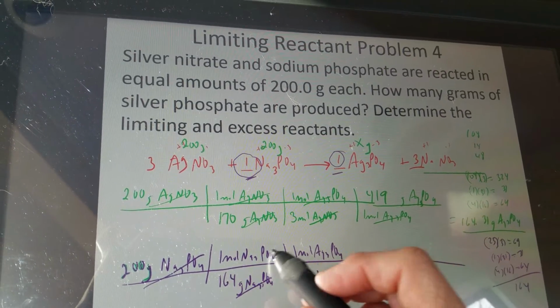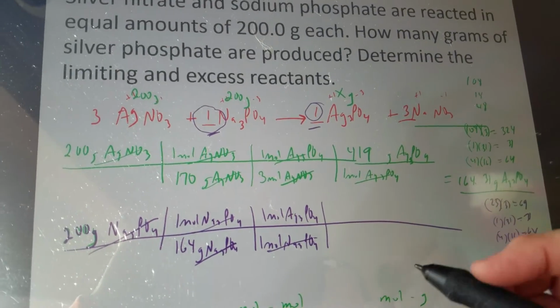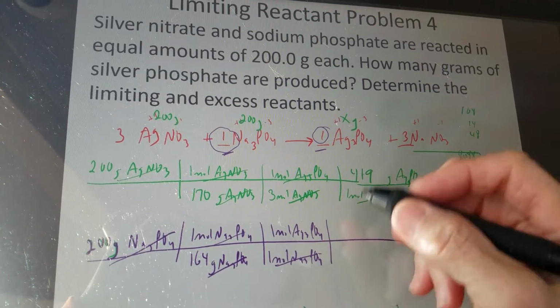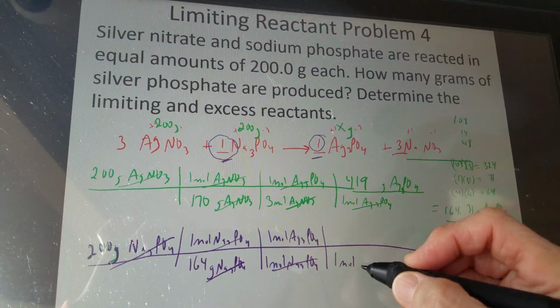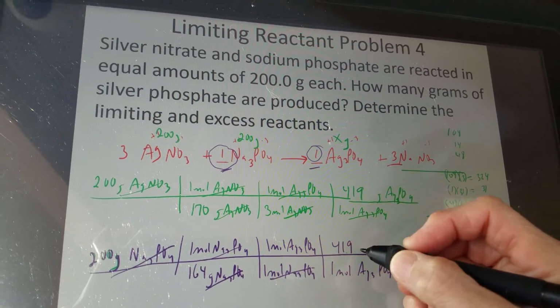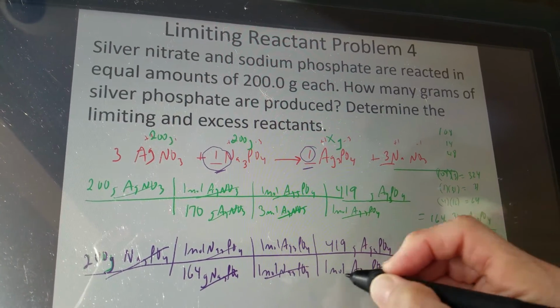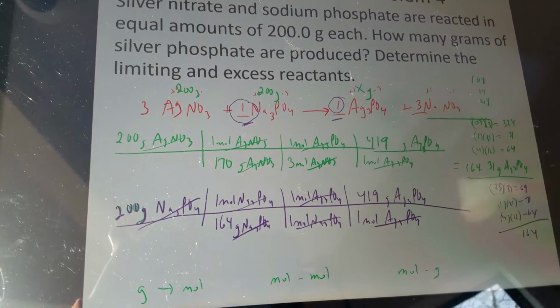That'll cancel out the moles of the sodium phosphate. And then finally, I want to go moles back to grams, so we're going to use the same basic last step. So 1 mole of the silver phosphate is equal to 419 grams of silver phosphate. Moles will cancel. And now the rest is doing the math.